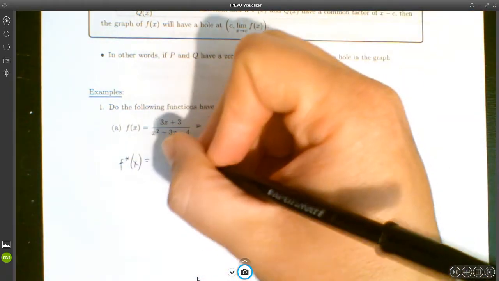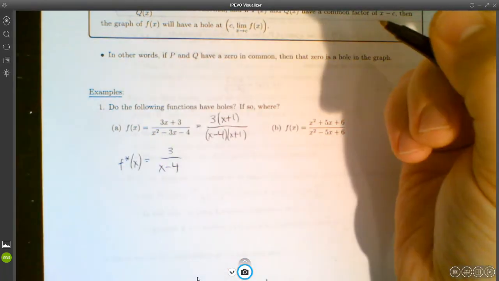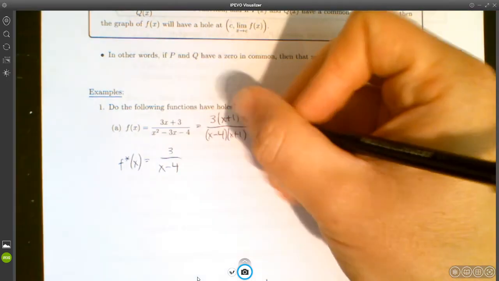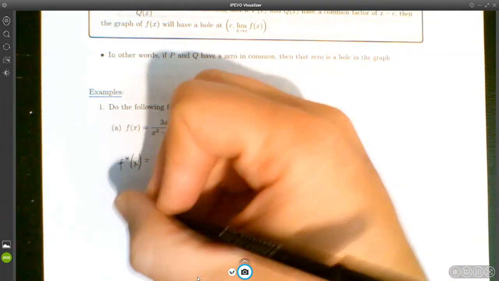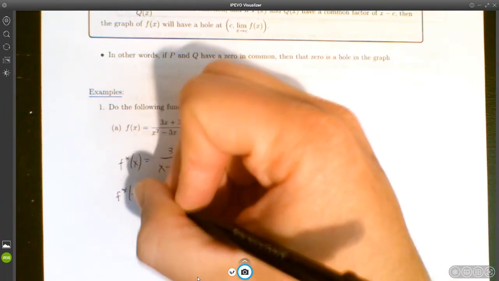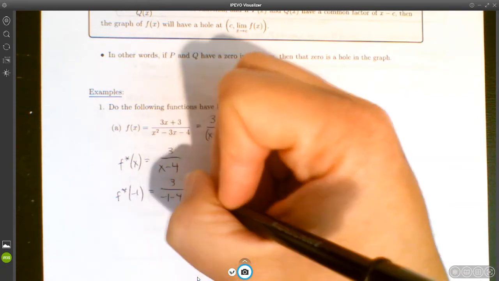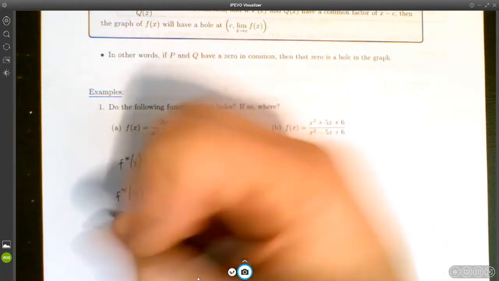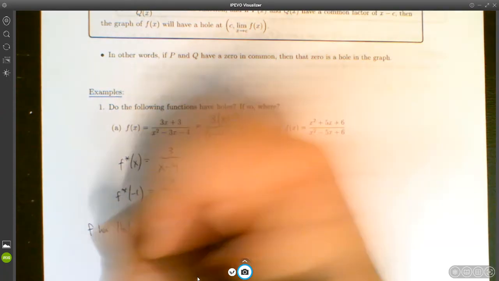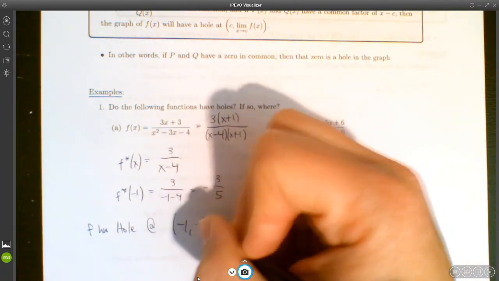F star of x would just be 3 over x minus 4. F of x has a hole when x is negative 1, so I want to look at what f star of negative 1 is. That would be 3 over negative 1 minus 4, which is negative 3/5. So f has a hole at the point negative 1, negative 3/5.